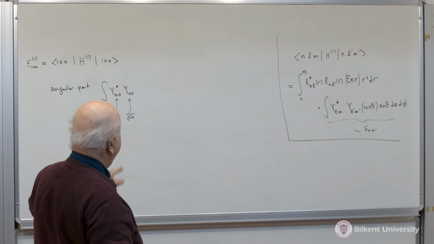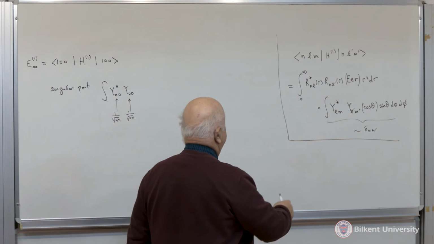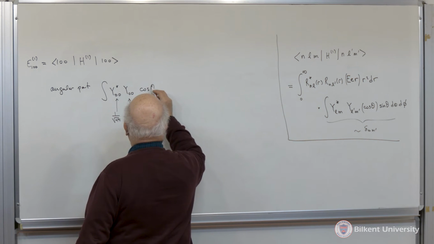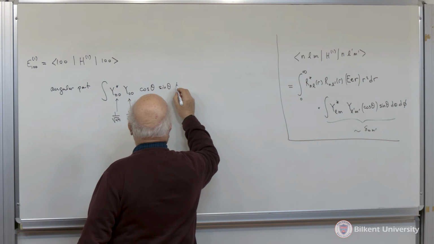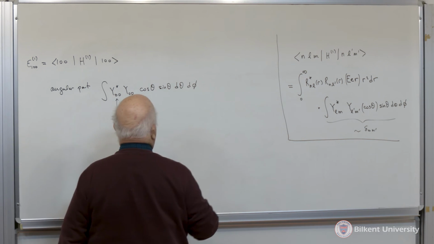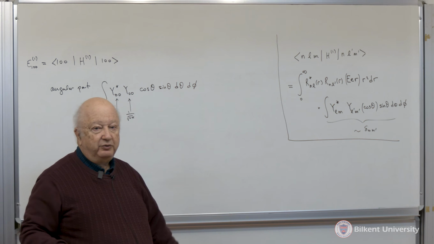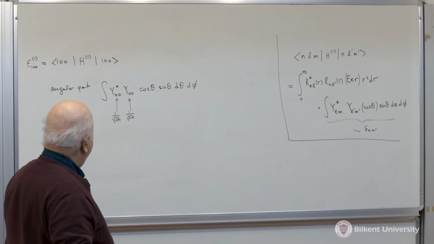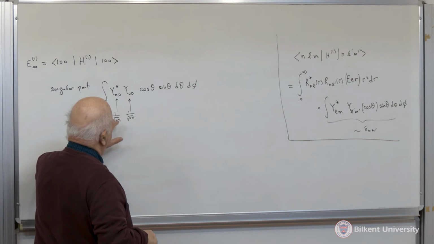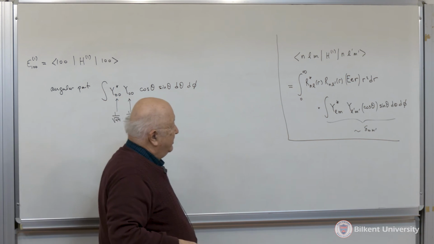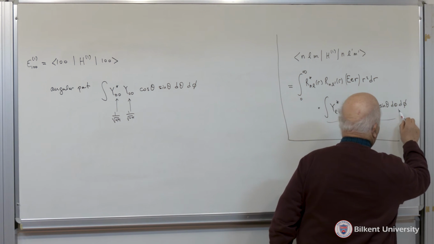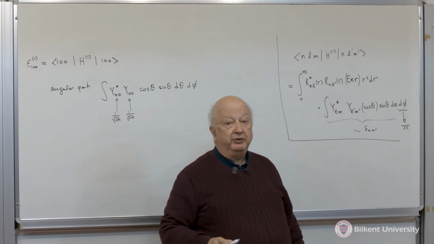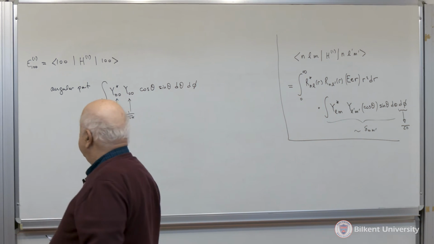But now I have the rest of my integral here, which says I have a cosine theta, sine theta d theta d phi. The d phi integral will always give us 2 pi for this problem because there's no phi dependence. So for our problem, this always gives us 2 pi, as you integrate over all phi angles.